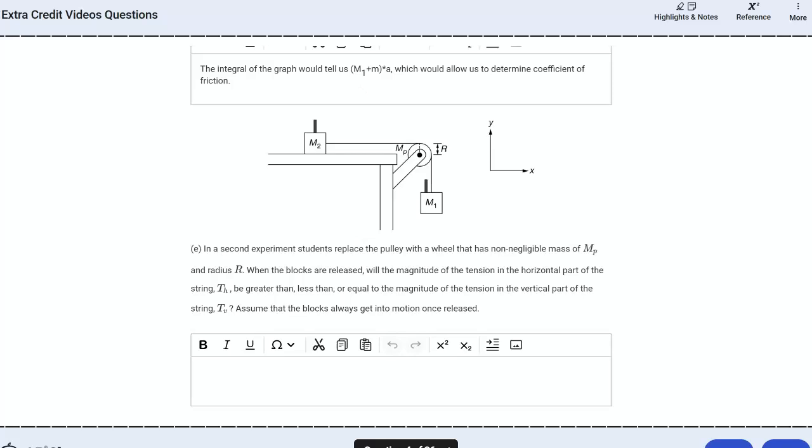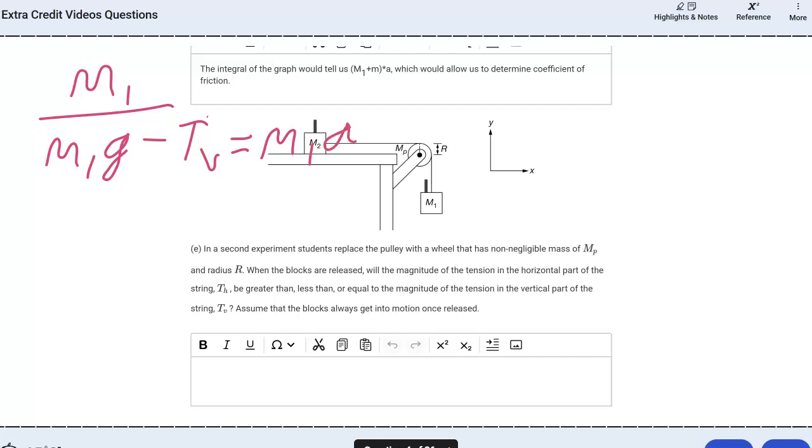So we are going to have to set up our sum of forces. For M1, our sum of forces is going to be M1G minus, so now we have different tensions, M1G minus TV equals M1A.